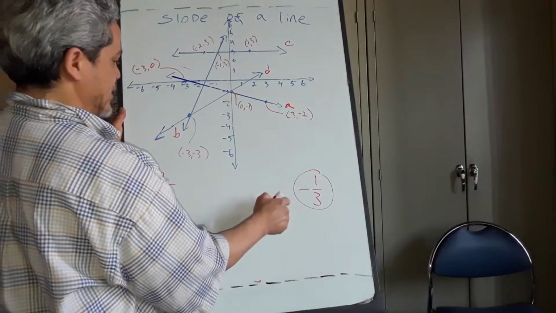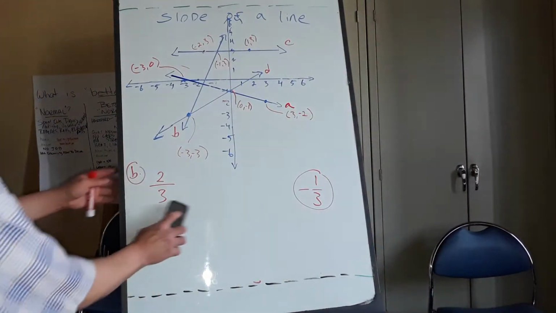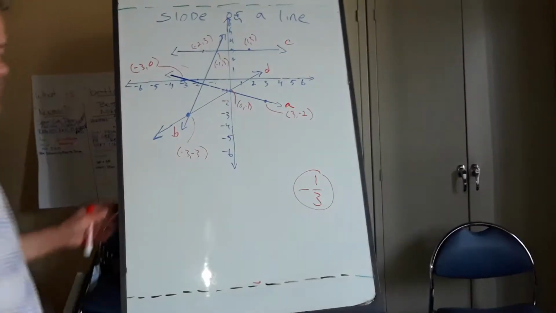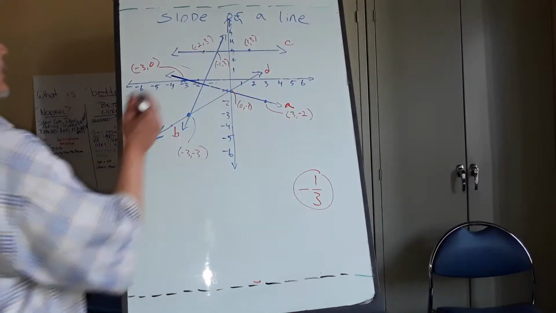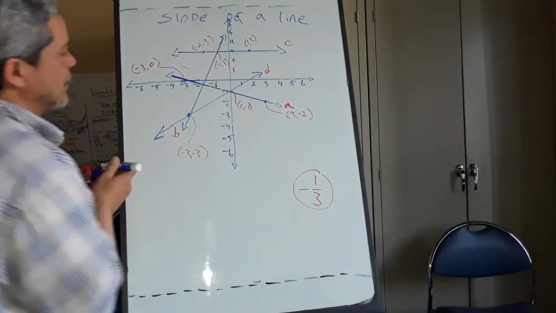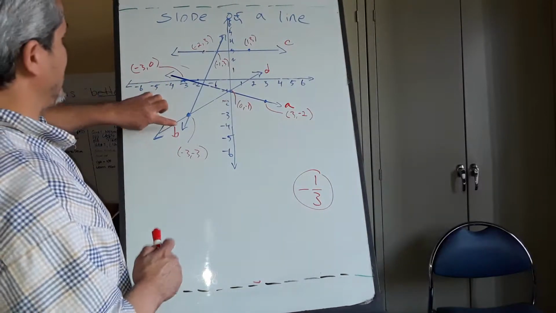So 2/3 is not -1/3. So we know it is not B. We know it's not C and it's not B.